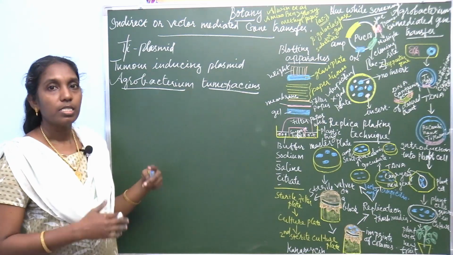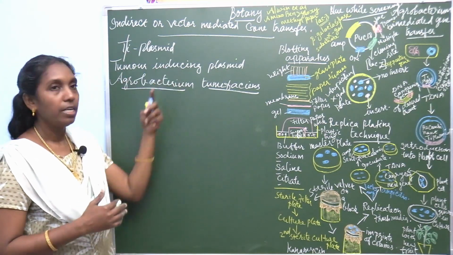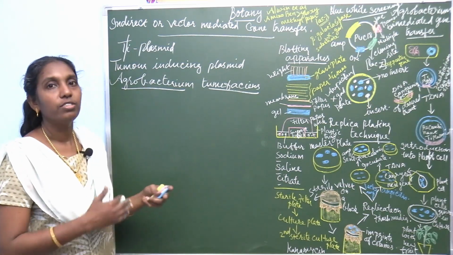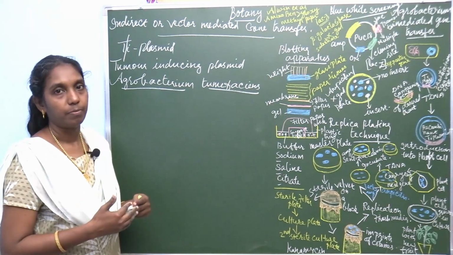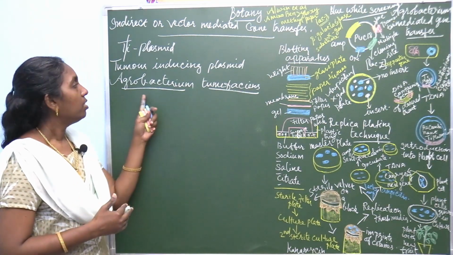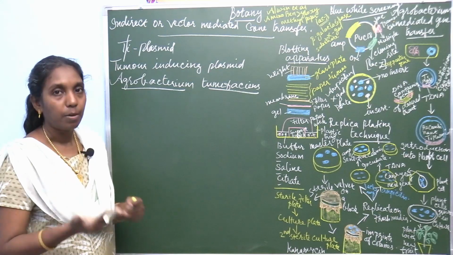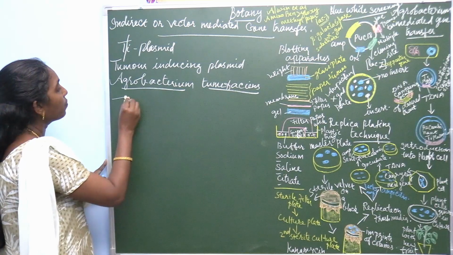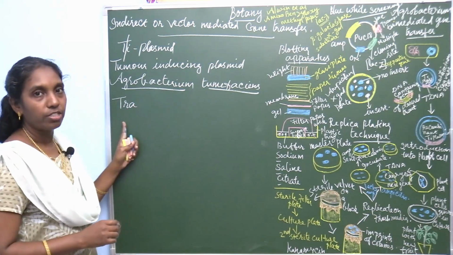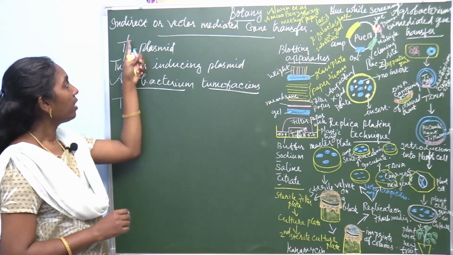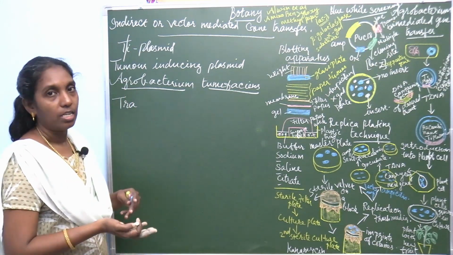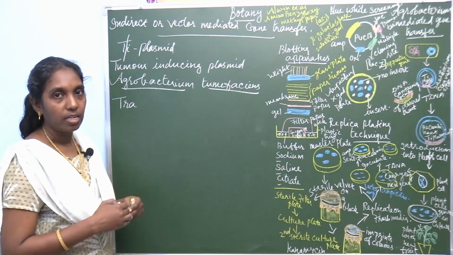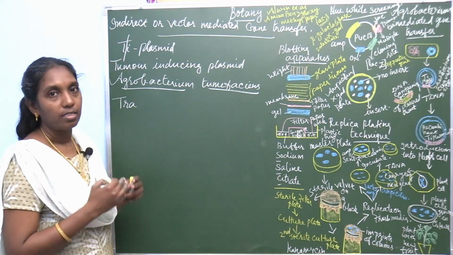This plasmid derived from Agrobacterium tumefaciens is widely used in gene transfer among plants. This plasmid contains T, the transfer gene, TRA. The T, the transfer gene, is naturally injected into the plant cell, because it is the infecting gene.